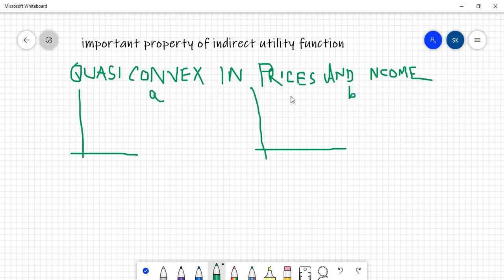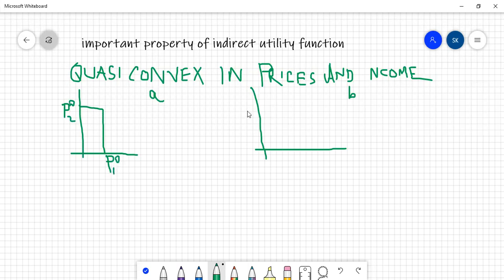Okay. So therefore, what we have over here is the price of product P2 equal to P2 naught, okay? And over here the price is P1 naught.